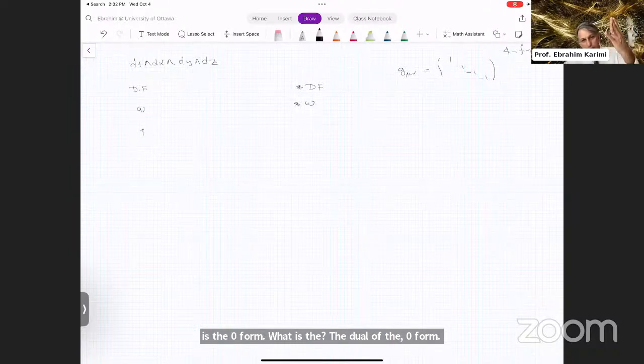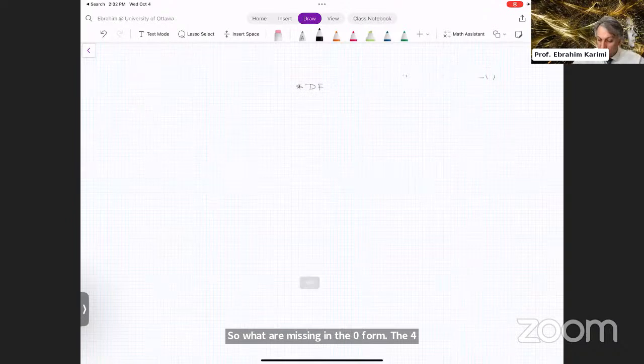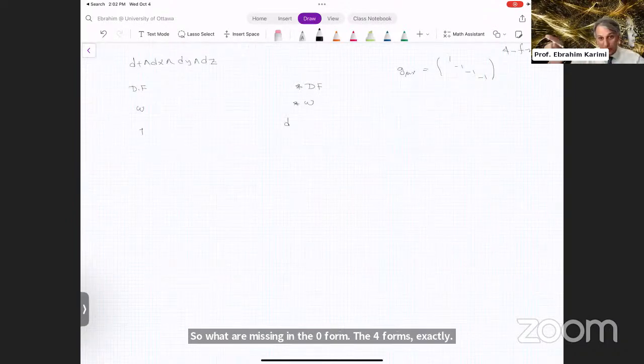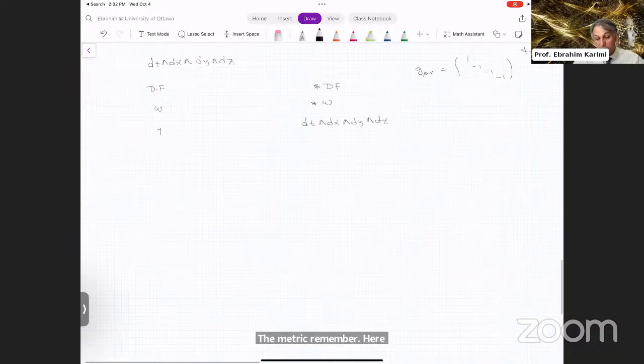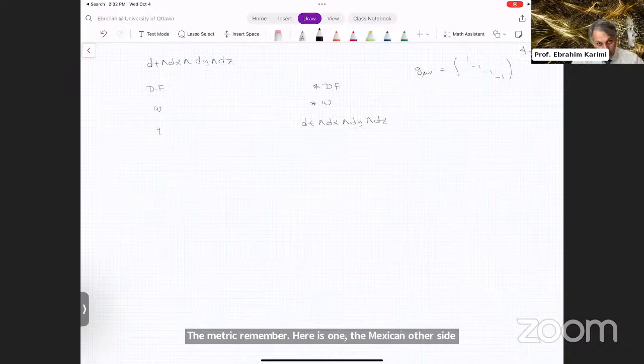In a 4-dimensional space, I have 0 forms, 1 forms, 2 forms, 3 forms, and 4 forms. So what is missing in the 0 form? The 4 forms, exactly. You will get the 4 form, but as a sequence: dt, dx, dy, and dz. The metric here is 1. The metric on the other side is -1. It's really important to pay attention.